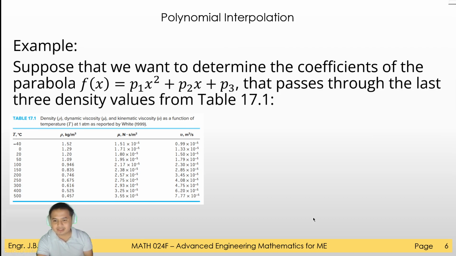Okay, anyways, what we can do here is input the values. We will want to have these three density values, and then we have the respective temperature and density. So we have a function that could take in the temperature and output the density.